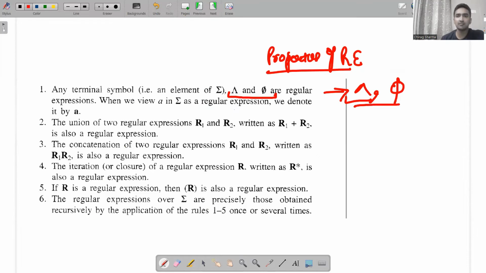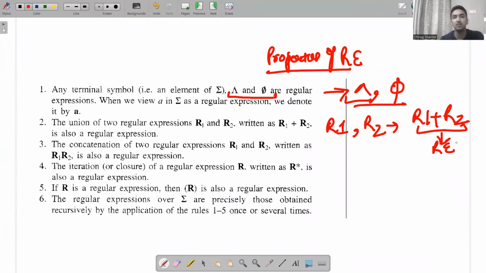If there is a regular expression R1 and if there is regular expression R2, that means my R1 plus R2 is also a regular expression. We all know, like in the previous example, we have written 0 plus 1. So if 0 can be a regular set and 1 can be a regular set, 0 plus 1 can be a regular expression. If I'm representing R1 and R2 and I concatenate them, meaning combine them, if R1 is 0 and R2 is 1, then 01 is actually a regular expression.